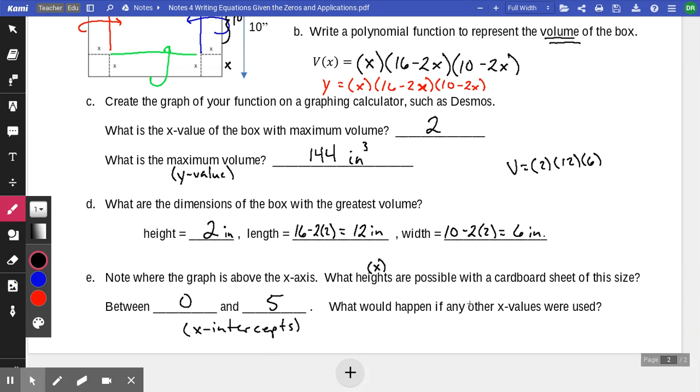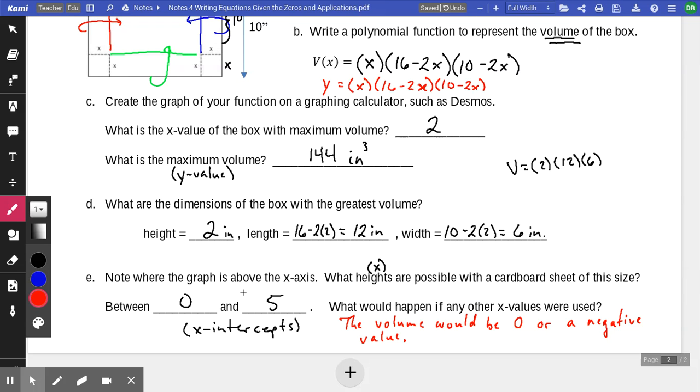And what we would see is that if we used other x values, the volume would either be 0 or a negative value. Which wouldn't make sense. And so that's why our options would only be from 0 to 5.